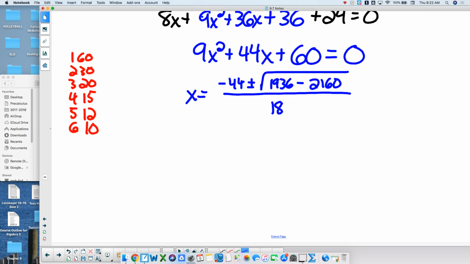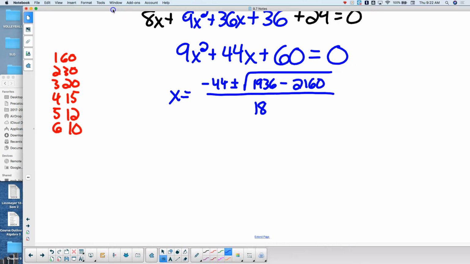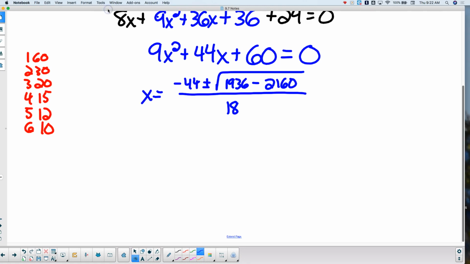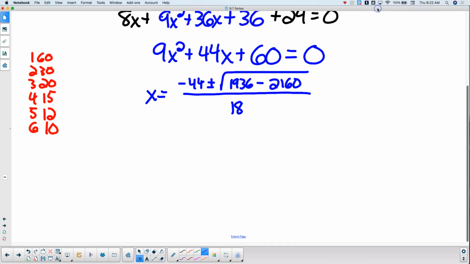So 1936 minus 2160. Whoa, why did that slide way over there like that? I tell you, shirts. 1936 minus 2160 is negative 224. Do I need to go any further?